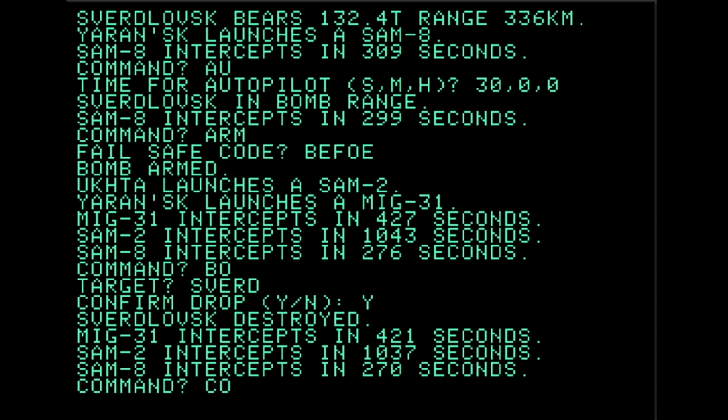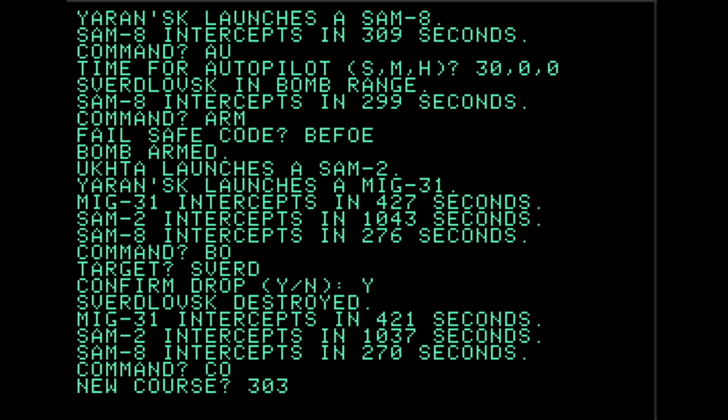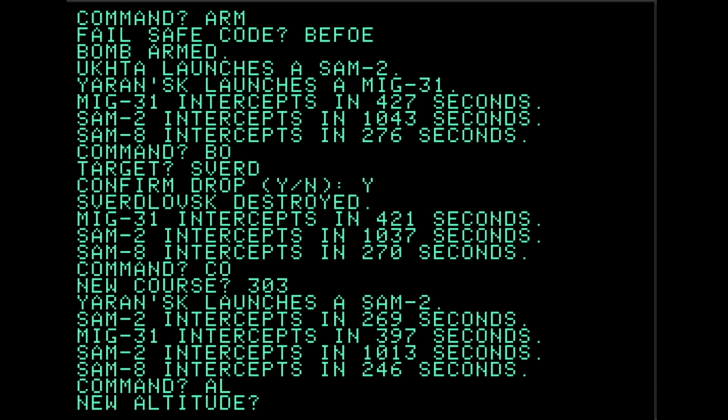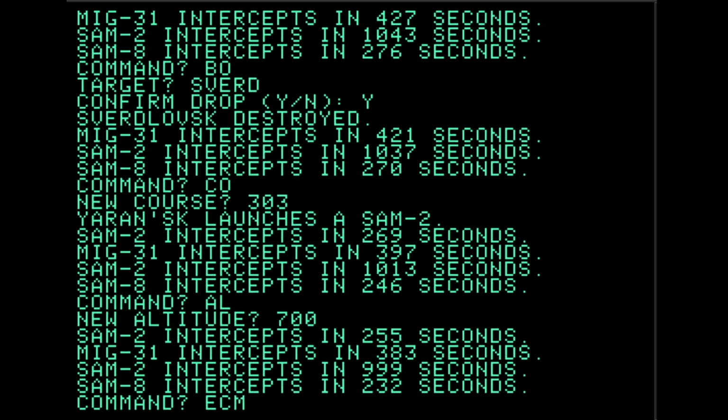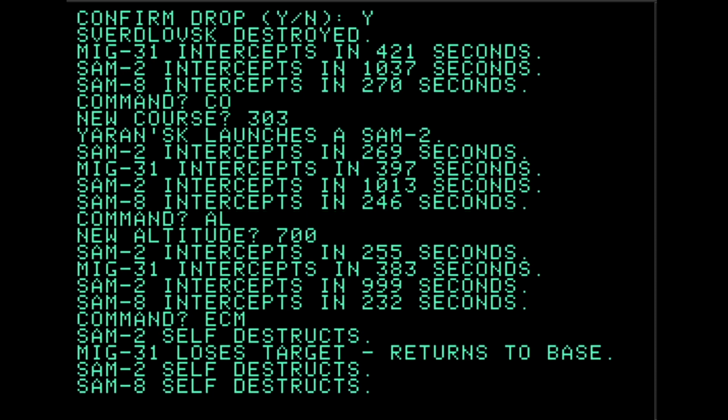We're going to change course to something more north-ish. Now we're going to drop our altitude to something low. And we're going to use some ECM. And it's still effective. That's great.